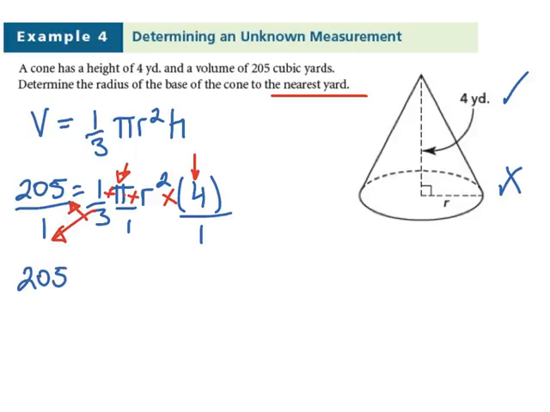Your calculator, when calculating this, has to have the following operations: 205 times 3 divided by 4 pi, and make sure that the 4 pi is inside the bracket. The reason why this has to occur is because the calculator follows the order of operations.